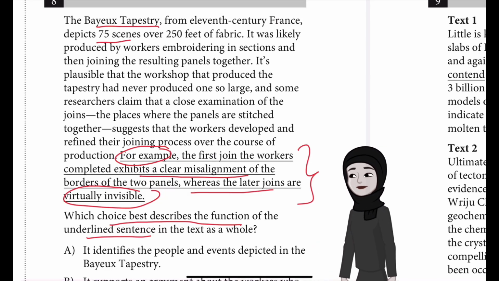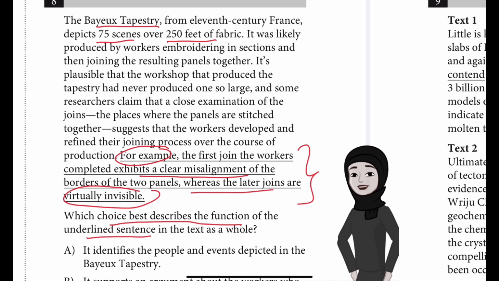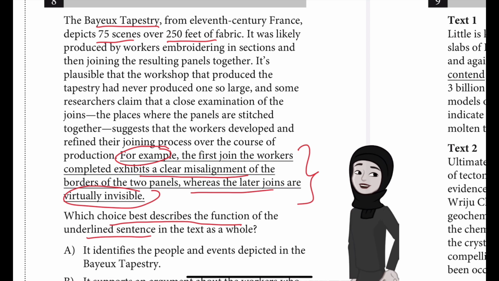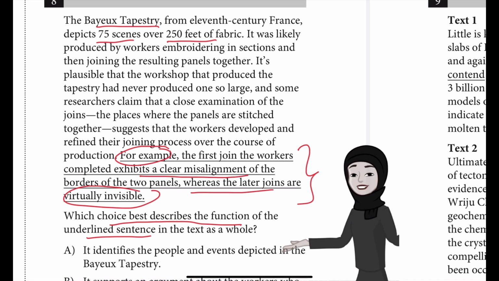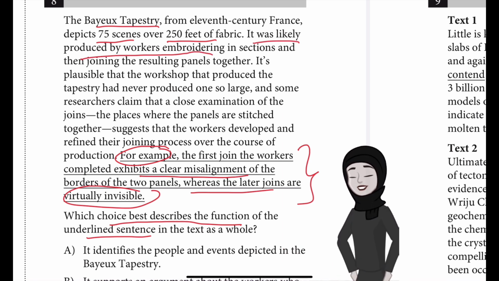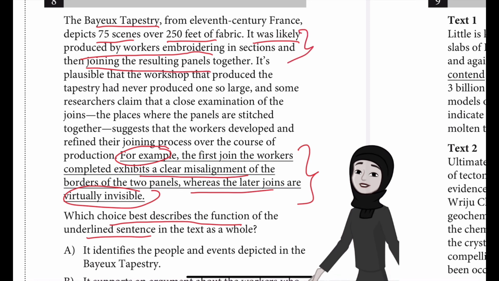And what is this paragraph about? It's about the Bayeux Tapestry, and it depicts 75 scenes over 250 feet of fabric. So the researchers, they've analyzed so many things. So these are some of the things which they have observed: likely produced by workers embroidering in sections and then joining. So this is one thing they observed.